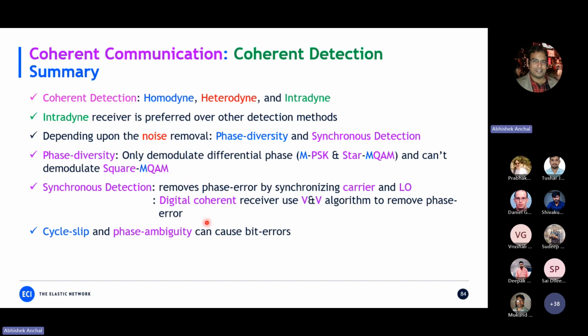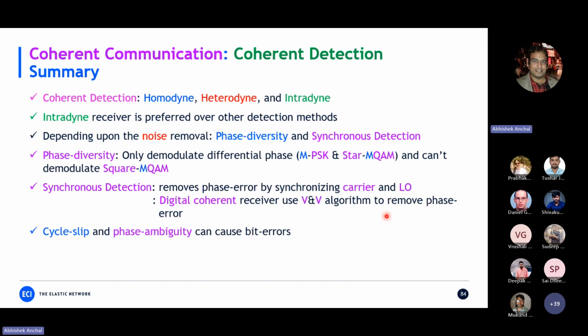It can demodulate absolute phase as well as the square form. Another thing we noticed is how it recovers the phase, how it basically does the optical phase lock loop in the digital domain through the phase estimation. And it uses something called the VNV algorithm. The mth power feed forward method is called the VNV algorithm, the Viterbi and Viterbi algorithm. So it uses this algorithm to create a phase locking in the digital domain.